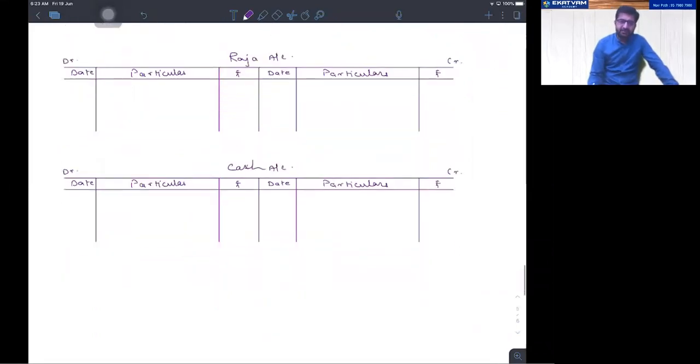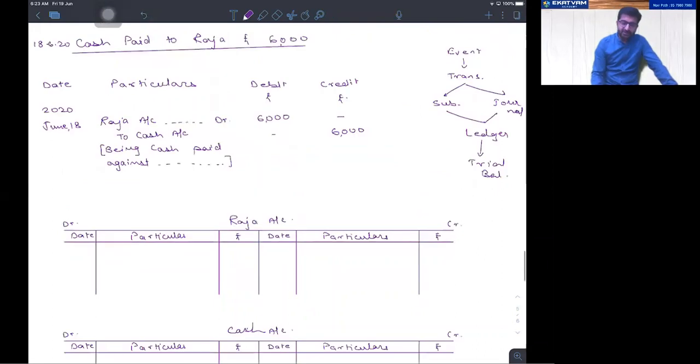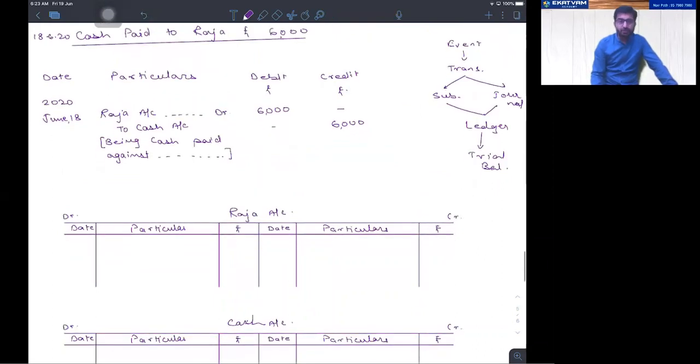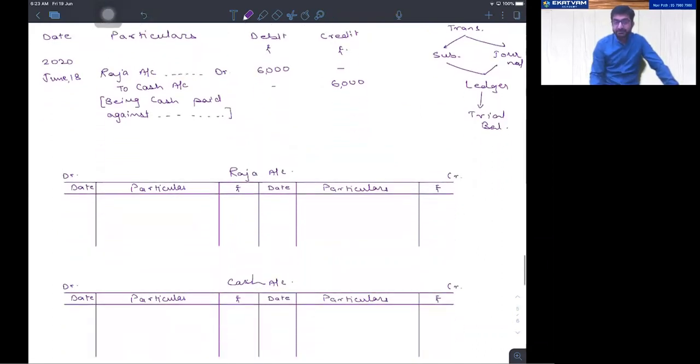So what will we have on the debit side and what will we have on the credit side? If you observe the given transaction, Raja needs to be debited. What does debited mean? I said something is to be written on the debit side of the account. That means the account is debited. So as Raja account is being debited, we'll go to the debit side of Raja's account. We'll write what? The date of the transaction, 2020 June 18.